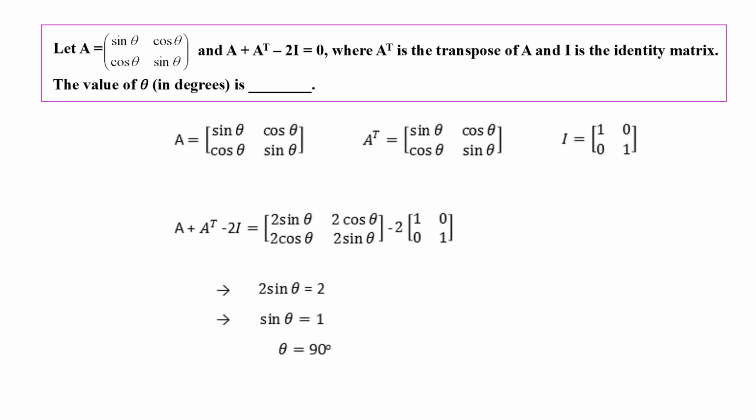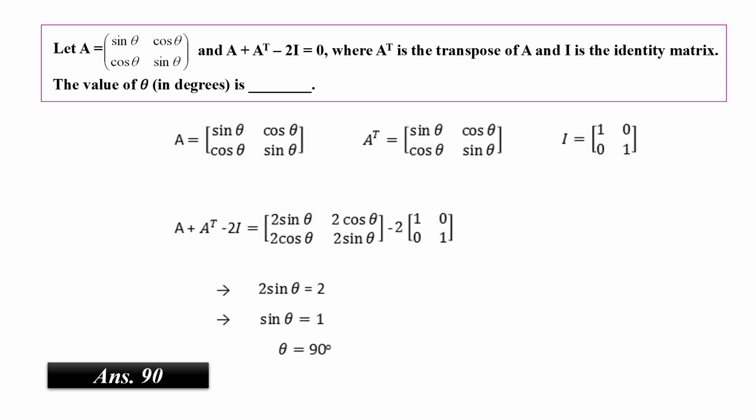Now to find the transpose of A, that is AT, we simply have to reverse the columns and the rows of A. It comes out to be the same matrix as A. I will be the identity matrix. Now put these values in the given equation. Because this is equal to 0, we will find that 2 sin theta is equal to 2, or sin theta is equal to 1. That means theta is equal to 90 degrees. The answer will be 90.